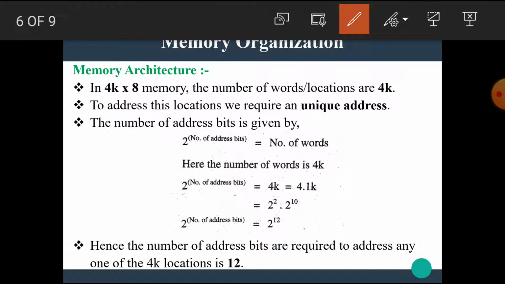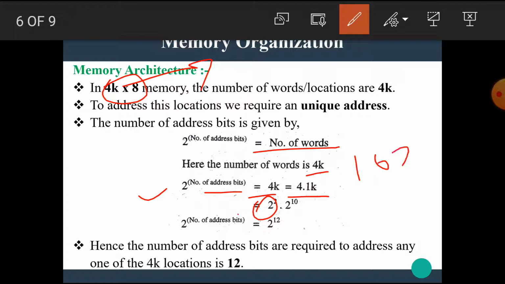Let's see once again. In 4K by 8 memory, here 4K is the number of words. Therefore our formula becomes 2 raised to number of address bits is equal to 4K. The 4K is equal to 4 into 1K. Here 4 means 2 raised to 2 and 1K means 1024, that means 2 raised to 10.